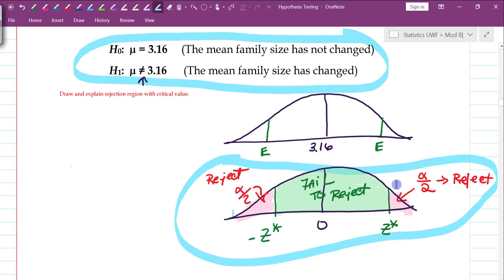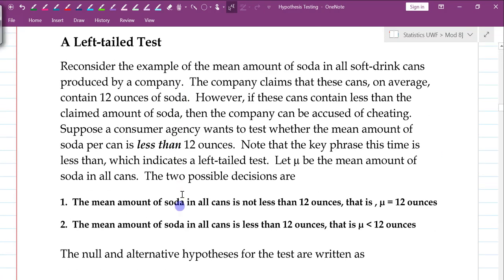But let's go ahead and learn how to draw two more pictures, both of those one-tailed tests. So this is a left-tailed test. Reconsider the example of the mean amount of soda in soft drink cans produced by a company. The company claims that these cans, on average, contain 12 ounces of soda.